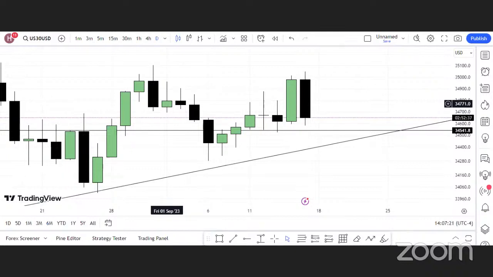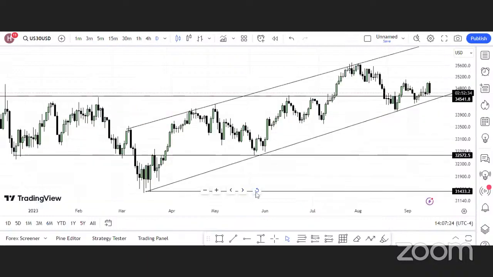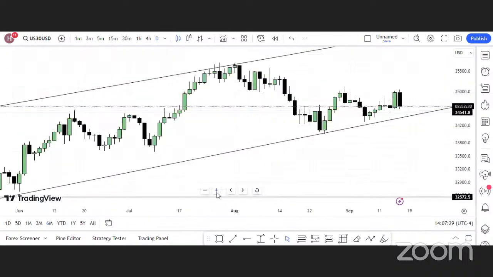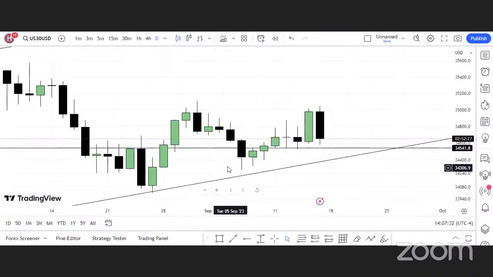Sorry, let me bring it back. I actually wanted to explain something. So this is how to read a candlestick pattern. Let me use the red candle, because it's the current candle right now. The red candle opens above and closes below. So this is the open of the candle, and this is the close of the candle.